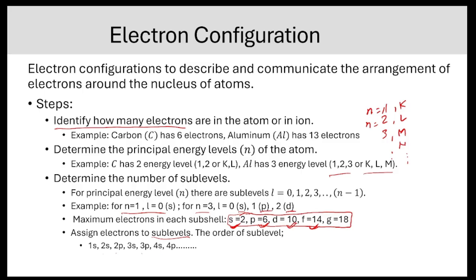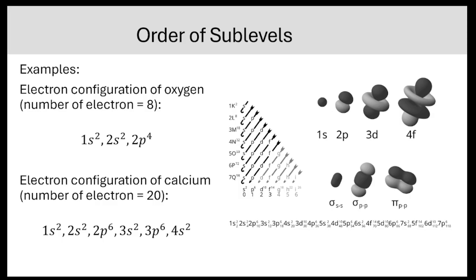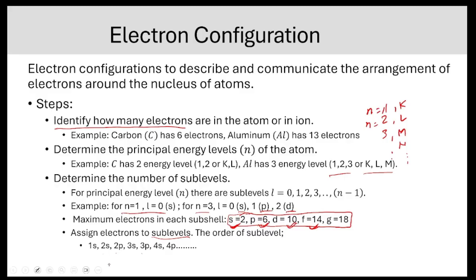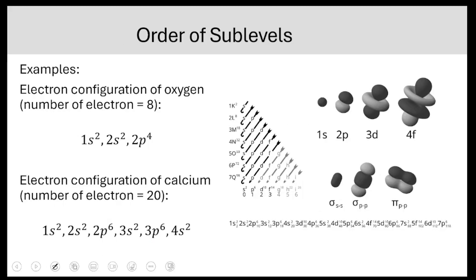In order to determine this arrangement, we can look at this diagram here. We can see the first energy level has only an s subshell. The second energy level has s and p.